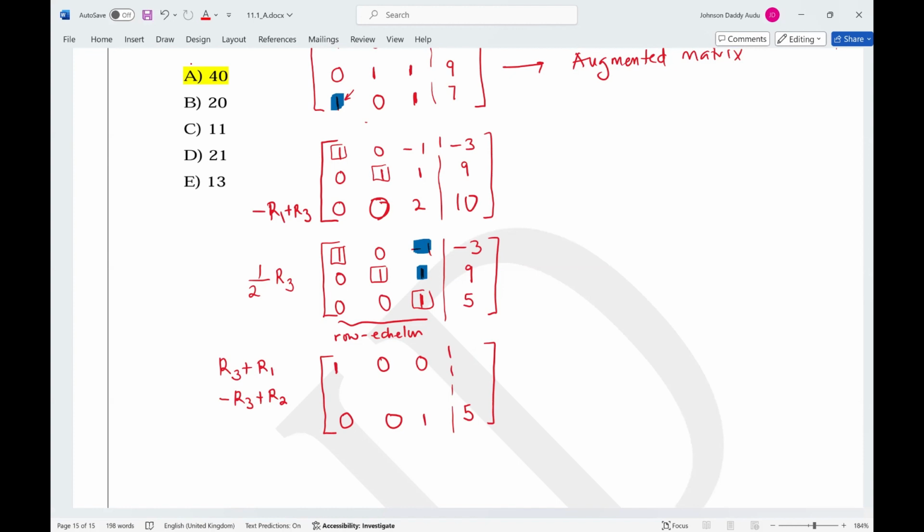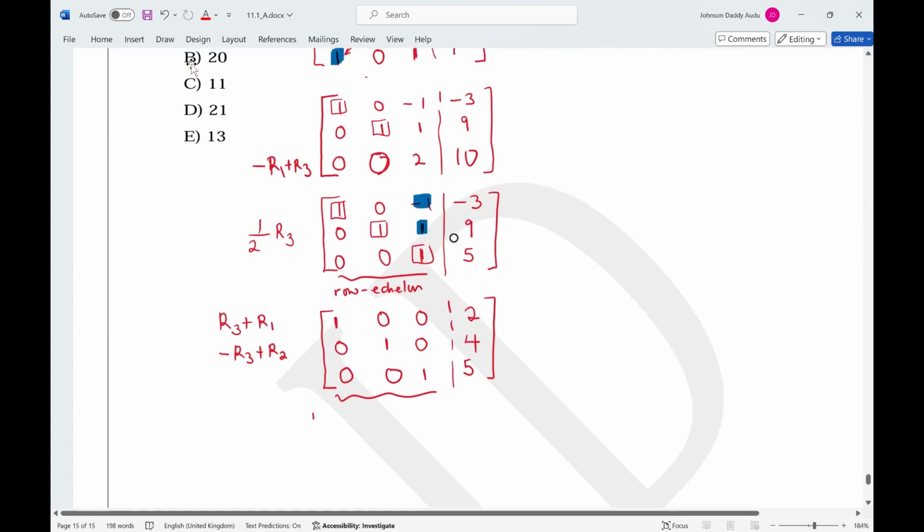So you have minus 3 plus 5, so this is going to be 2 here. But for row 2, that is where we use minus R3 plus R2. So this will be 0, this will still be 1, and this is going to be 0. And now you have minus R3, so it's going to be minus 5 plus 9, which is 4. So this is in reduced row echelon form.